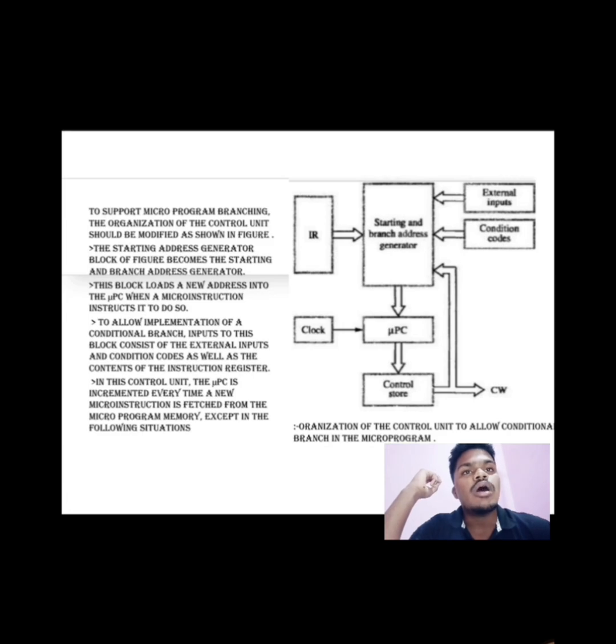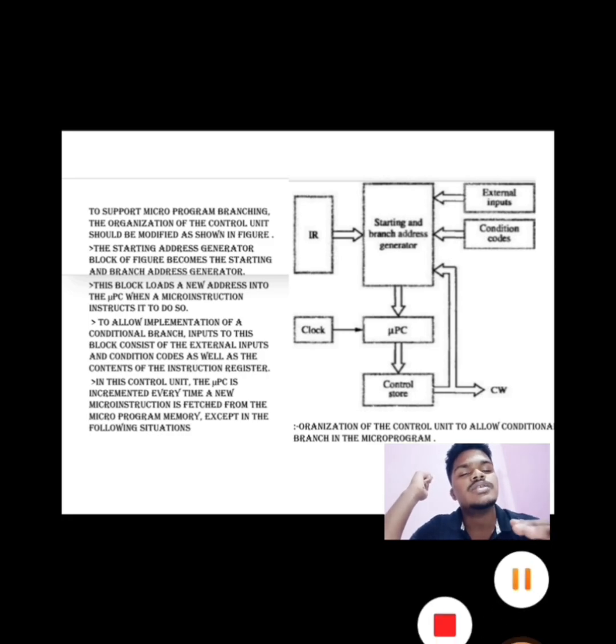Third point, to allow implementation of a conditional branch, inputs of this block consist of the external inputs and the condition codes as well as the contents of the instruction register. Fourth point, in this control unit, the micro PC is incremented every time a new micro instruction is fetched from the microprogram memory, except in the following situations.